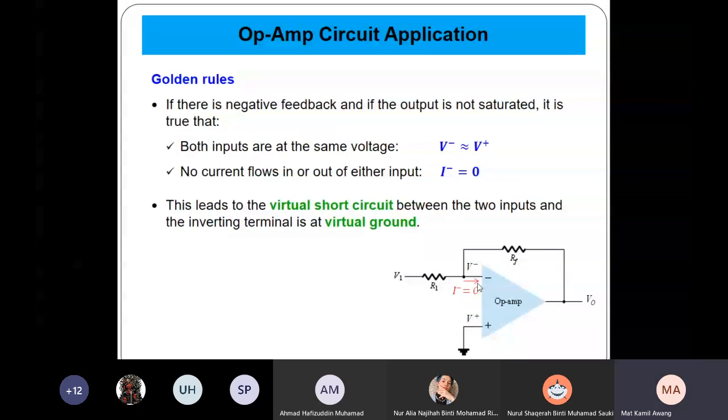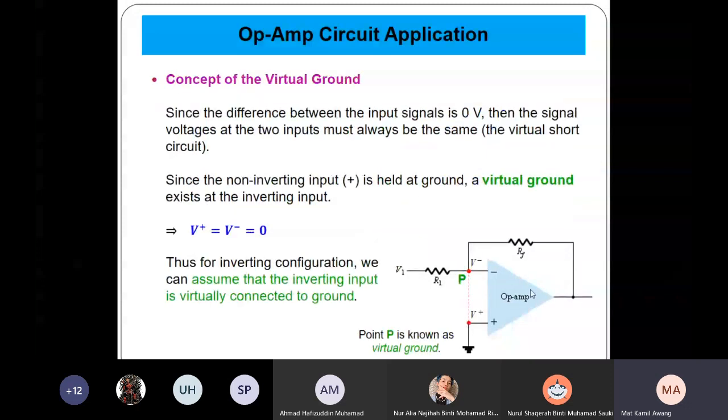What is the golden rule of this inverting amplifier? If there is negative feedback and the output is not saturated, this condition will be true: both inputs are at the same voltage.